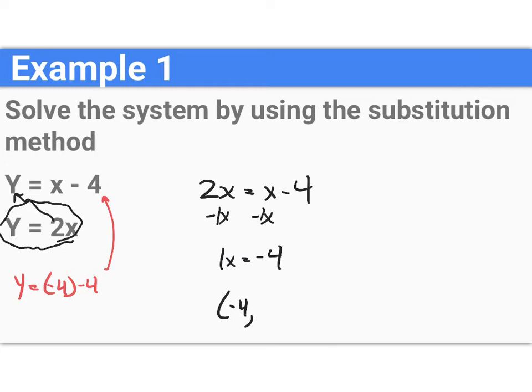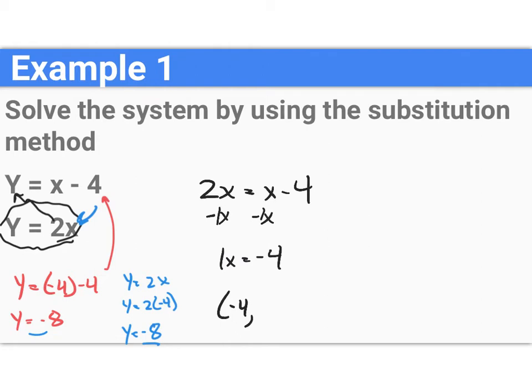Always substitute using parentheses so you keep your sign straight. So negative 4 minus 4, and we know that same signs add, so we get negative 8. Now we check it against the second equation, y equals 2x. So y equals 2 times negative 4, and 2 times 4 is 8, so y must be negative 8. So this works.